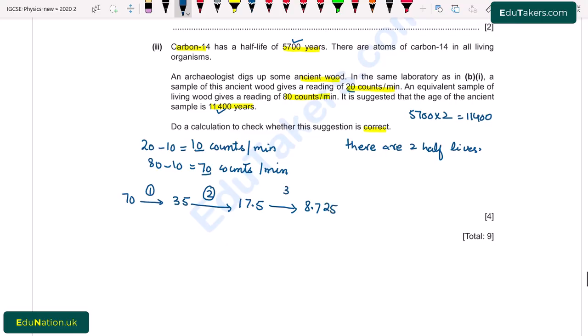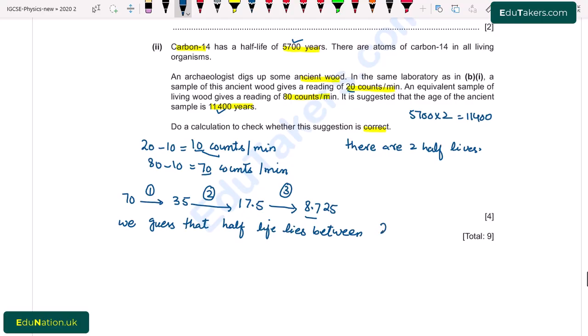So there are 3 half-lives involved, and this count per minute is less compared to 10 counts per minute. So we can guess that the number of half-lives lies between 2 and 3, because there are 10 counts per minute and here it's 8.72.